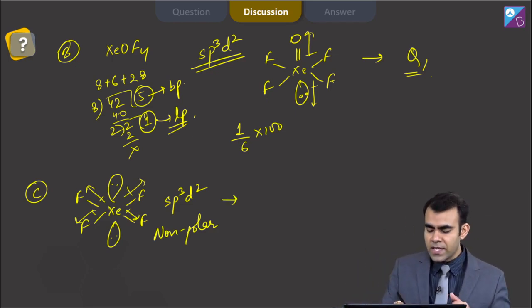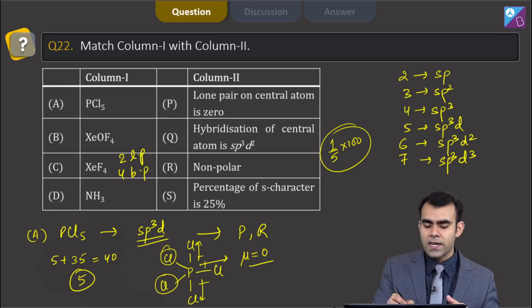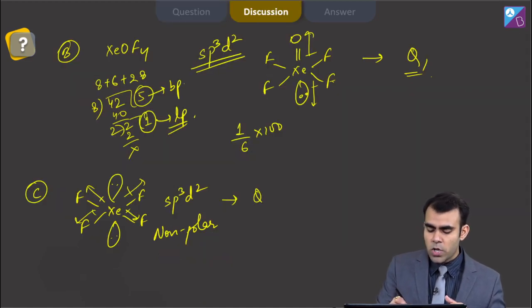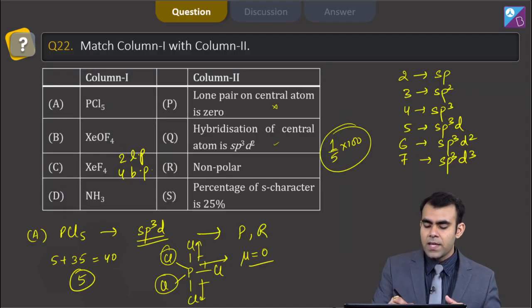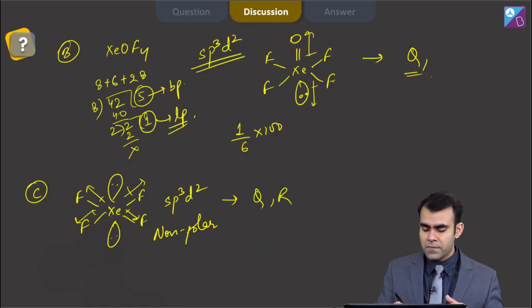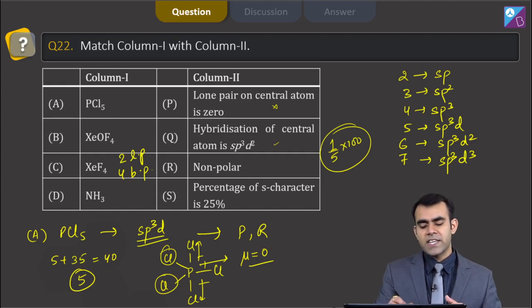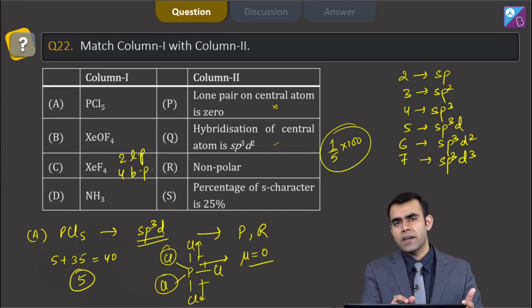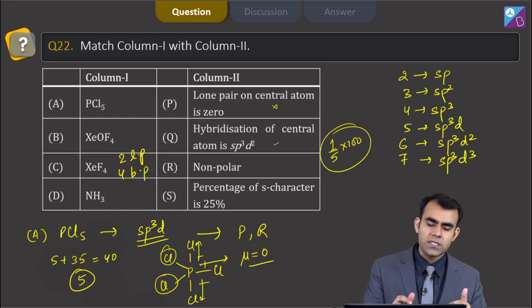Similarly, if we see the options, lone pair on central atom is 0? No. Hybridization sp3d2? Yes, so the Q statement is there. Then is it non-polar? Yes, it is non-polar. And the last option is percentage S character is 25%? No, we have seen earlier that it is 1 by 6 into 100.